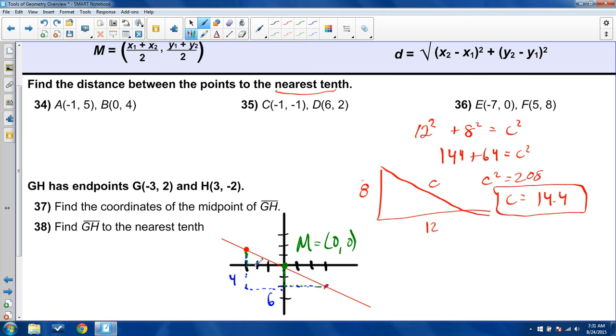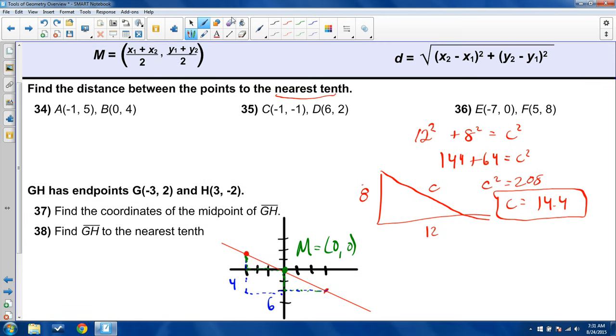Now sometimes the numbers are too big to do this. Sometimes you don't land on a perfect number, so let's make sure we also utilize the midpoint formula as well. But that's what we did here. We're going to take the sum of our x values, divide them by 2, and the sum of our y values, divide them by 2, and then we'll get the exact location. So here we go.